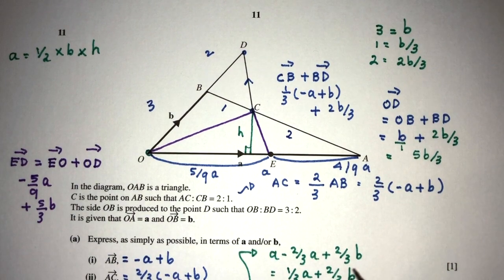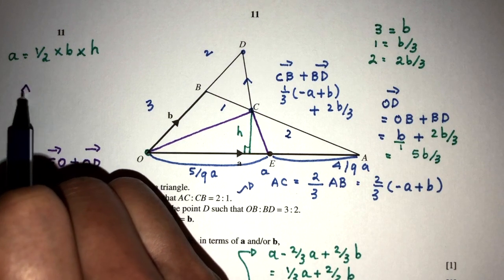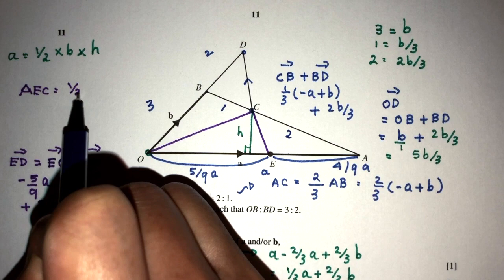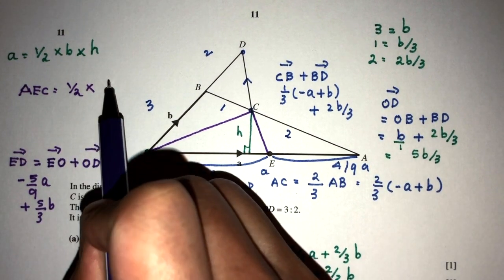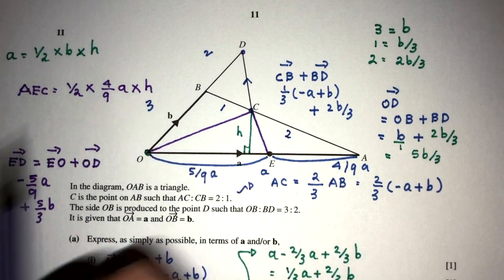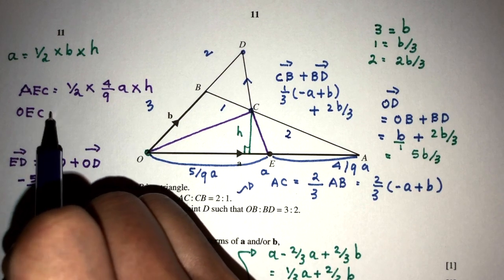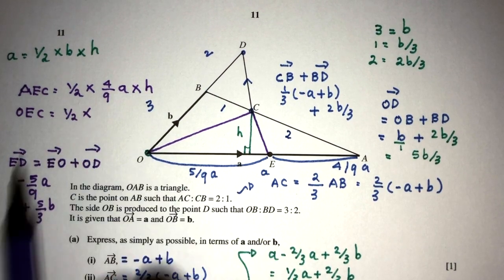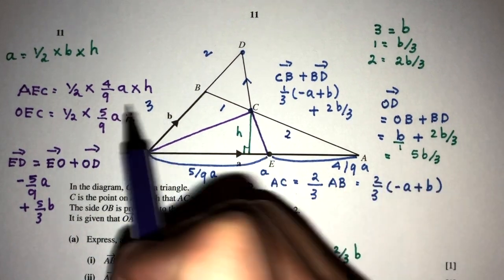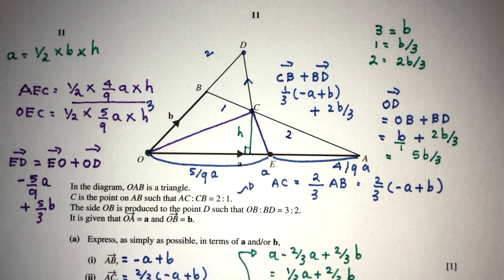So let's first find the area of AEC. That will be half times base, which is 4 over 9a, times height, and triangle of OEC, that will be half times base, which will be 5 over 9a, and then times height h. Simplify the ratio. As you can see, these values will be cancelled.